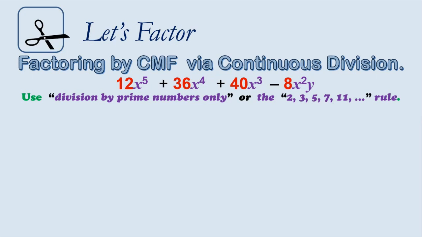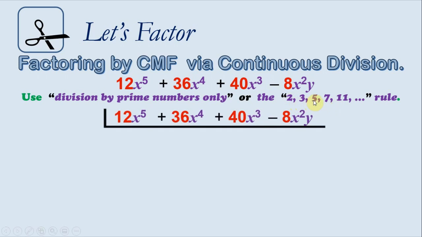Dividing by prime numbers minimizes the difficult task of guessing or thinking about what the next common factor or divisor would be for the numbers, since in the list of prime numbers, surely you will be able to find a number divisor without hassle. Remember the 2, 3, 5, 7, 11 rule?